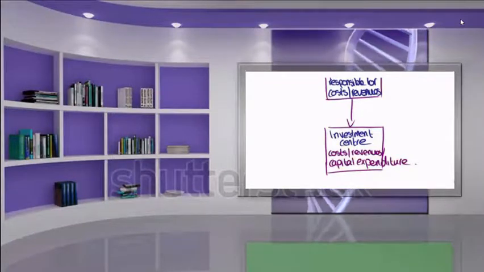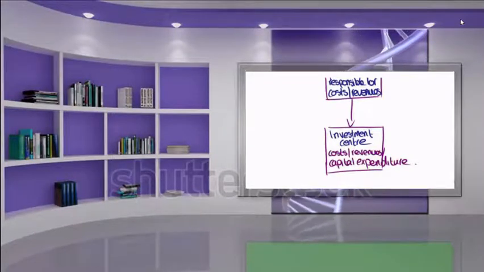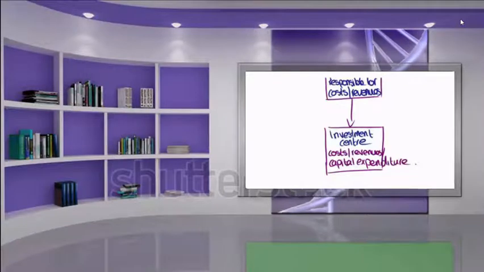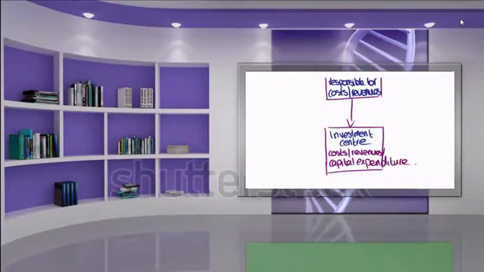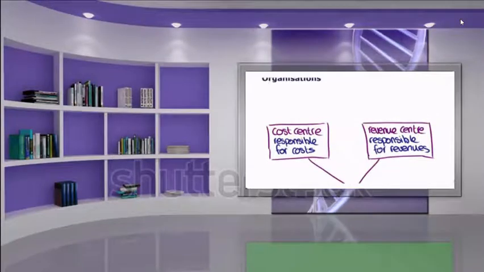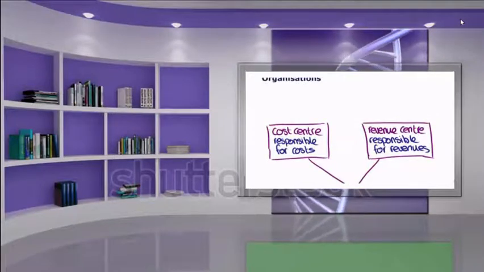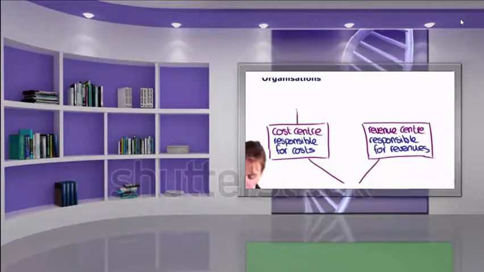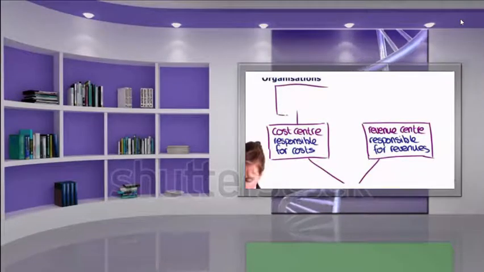So, this is how we might break up our organisation into distinct areas of responsibility. Just one final thing before we move on. If we go back to the very lowest level, where we split up into cost and revenue centres, we may go a step below that and define a cost unit.